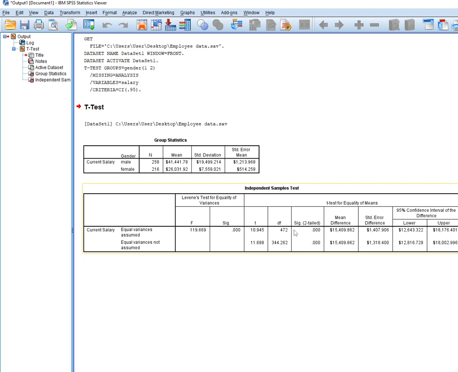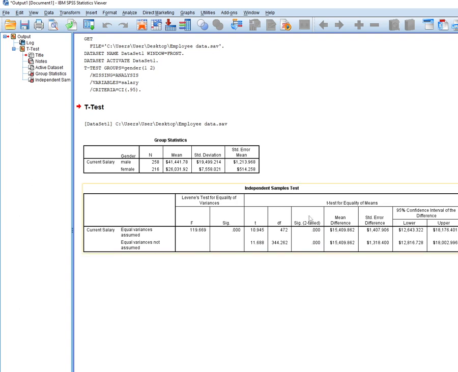I think that is the hypothesis we're actually testing here. And because we're using an equality sign, that's why we're doing two-tail. So I have 0.00, which is less than 0.05.